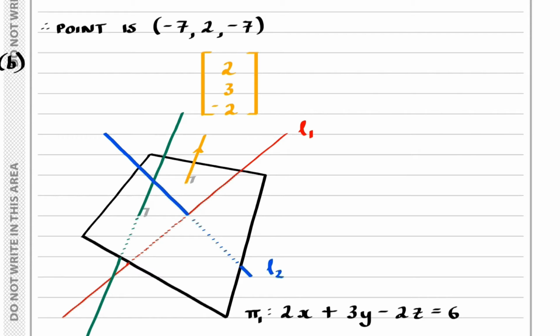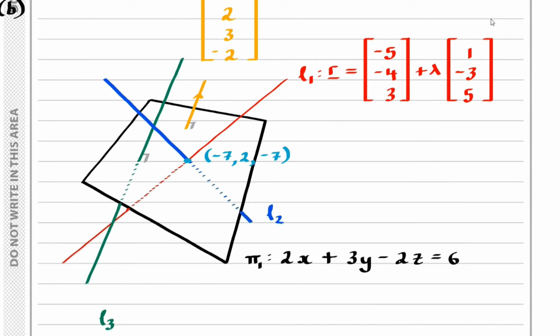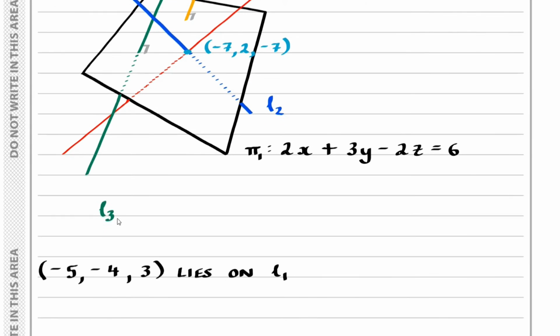What we also know is the line L1 is given by r = (-5, -4, 3) + lambda (1, -3, 5), and the point (-7, 2, -7) is where the line L1 intersects the plane pi. Now, the point (-5, -4, 3) will lie on L1.